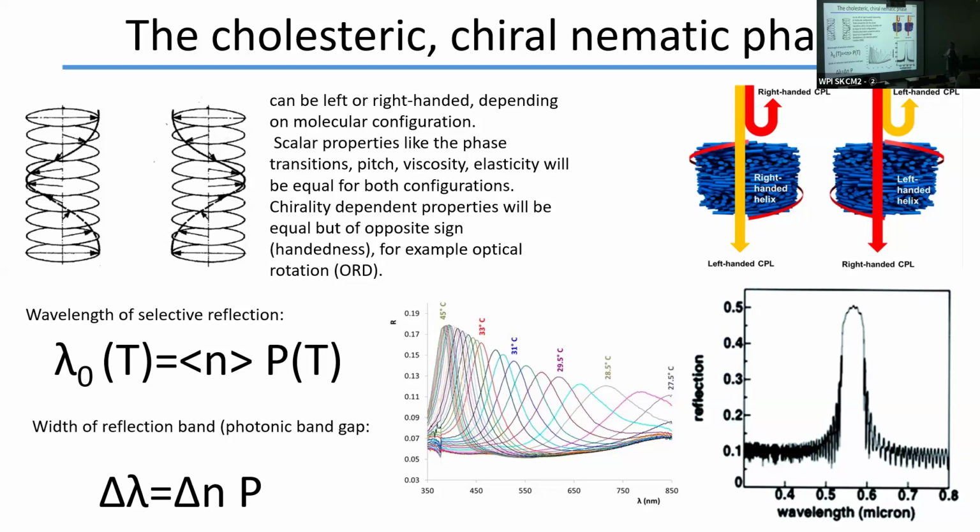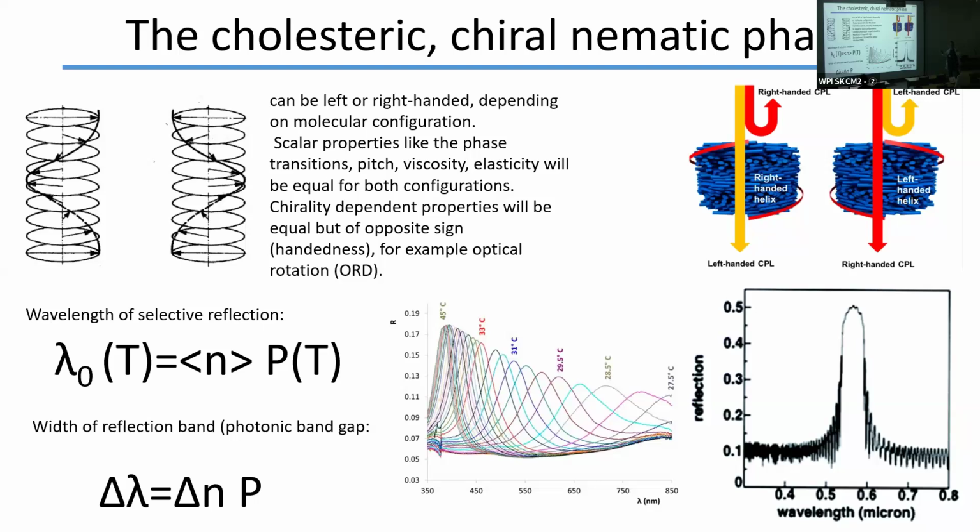And that means we basically have a photonic band gap. And the width of this photonic band gap is proportional again to the pitch and the birefringence. Now, this is all for normal incidence. It becomes a bit more complicated if it's not normal incidence.